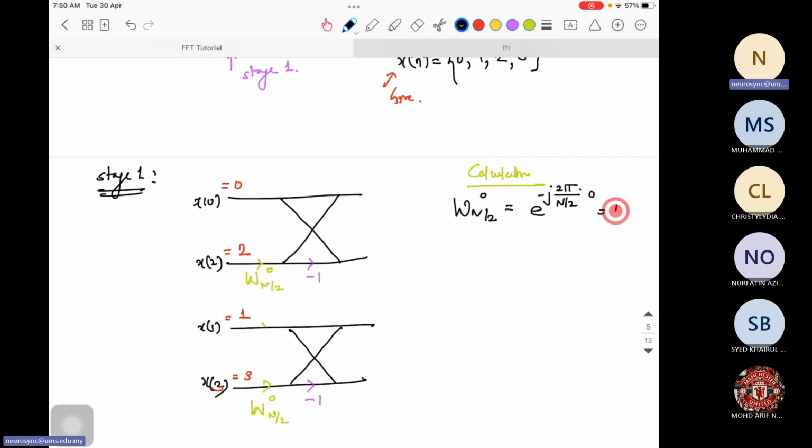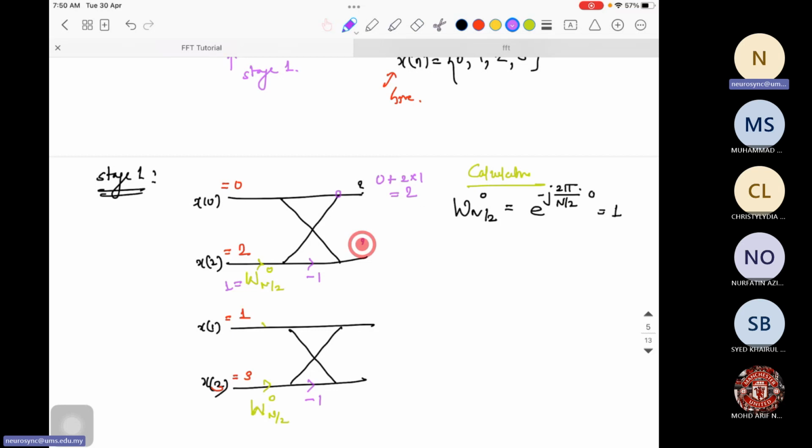So this is equal to 1. Now for stage 1, calculate this value. This value is basically this 0 plus this value times 1. So 0 plus 2 into 1, that is equal to 2.